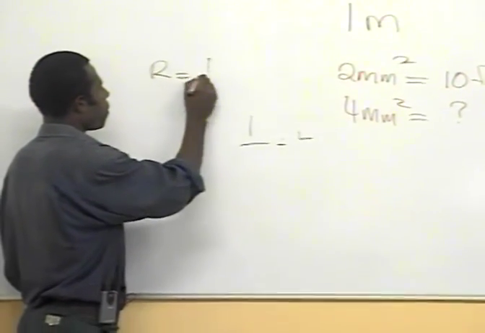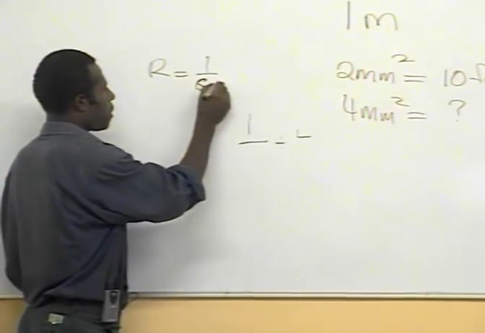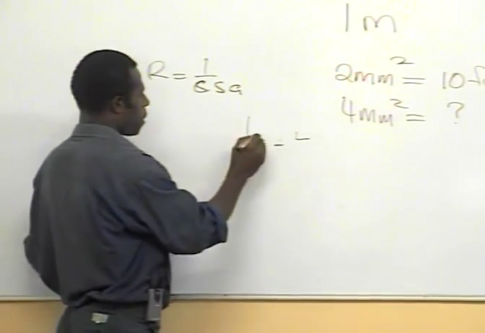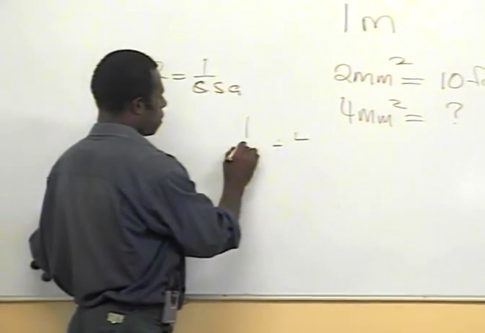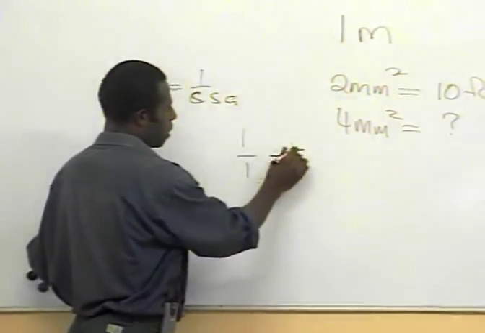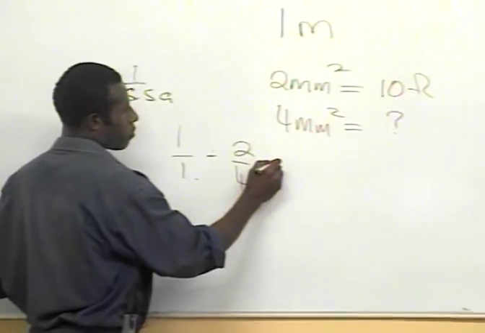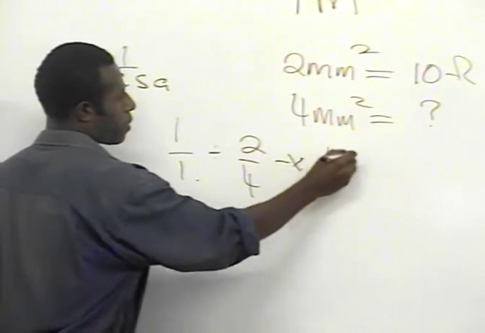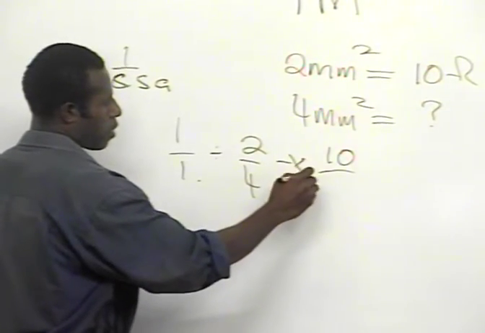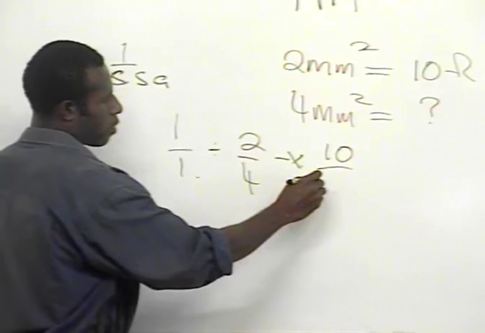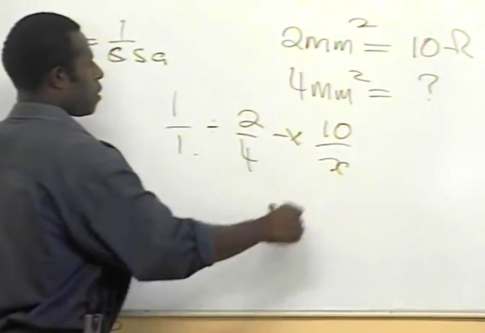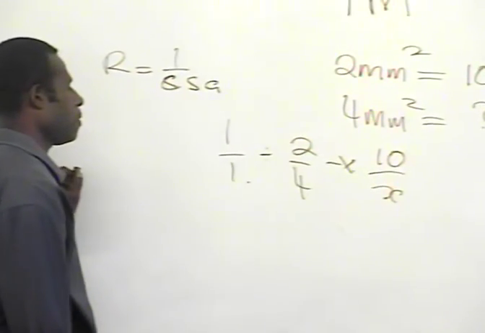Resistance is proportional to 1 over CSA. So that is why we have 1 divided by 2 over 4 times 10 over x.